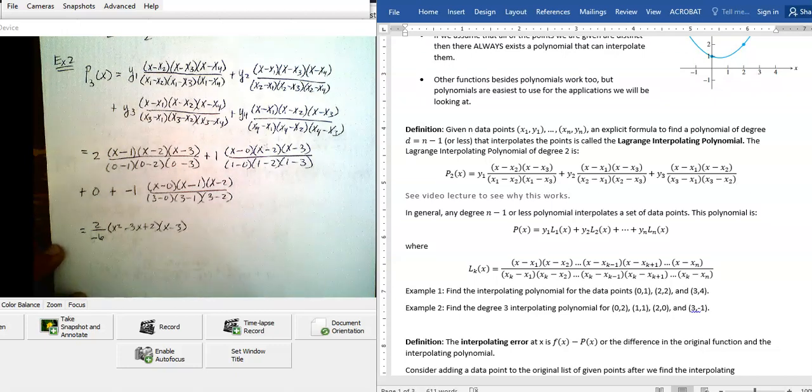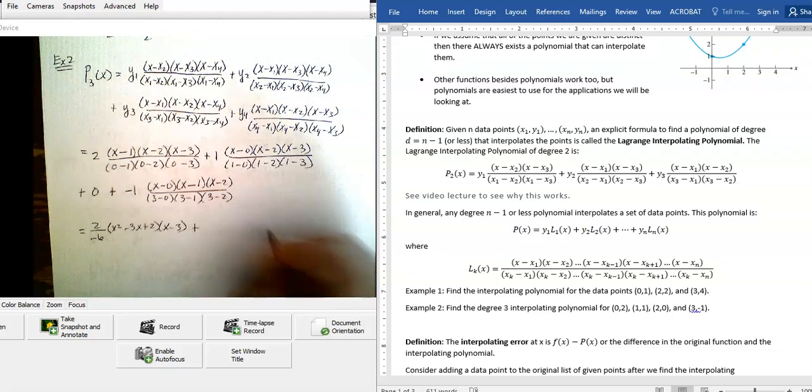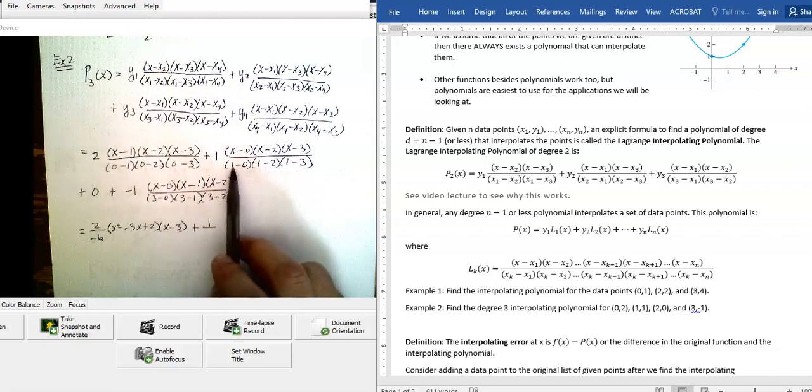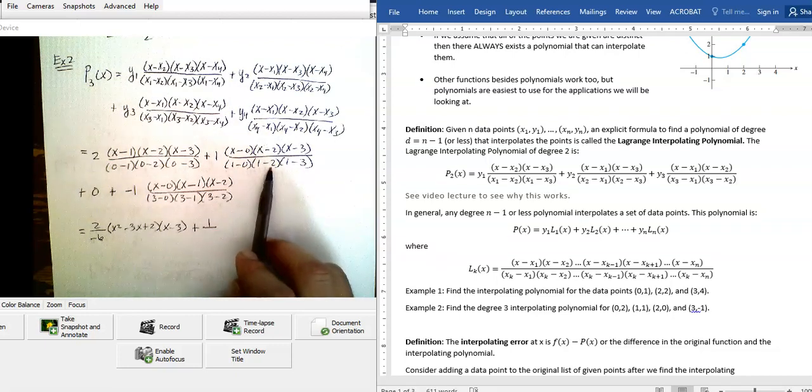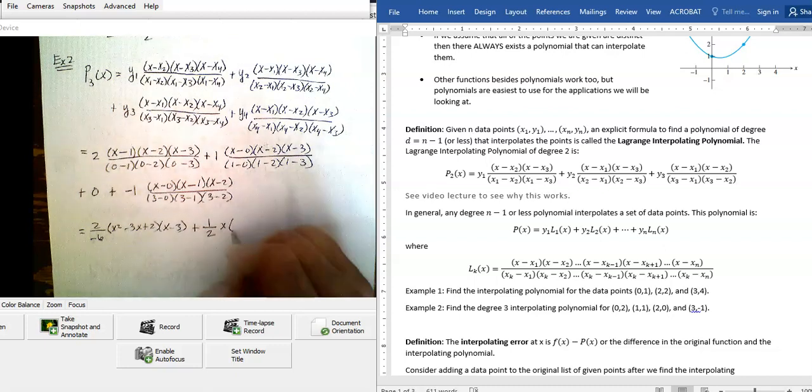That's fine. And plus 1 over, let's do this one. 1 times negative 1, that's negative 1. Negative 1 times negative 2 is 2, so that's a half. And this will be x times this product here, x squared minus 5x plus 6.